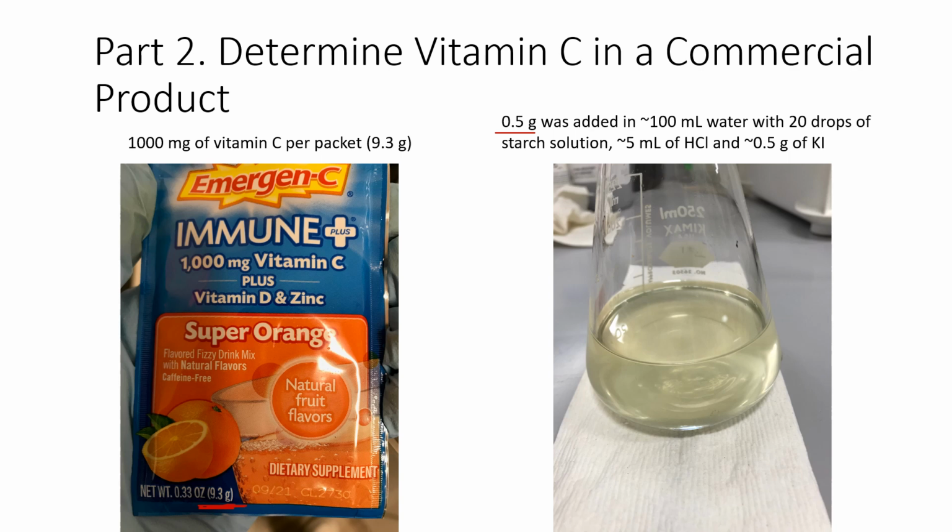So later I have to calculate how much is contained in 9.3 gram in this whole packet, and compare my result with this labeled concentration. So it claims that it contains 1000 milligram of ascorbic acid. So let's see how our result compares with this labeled concentration.